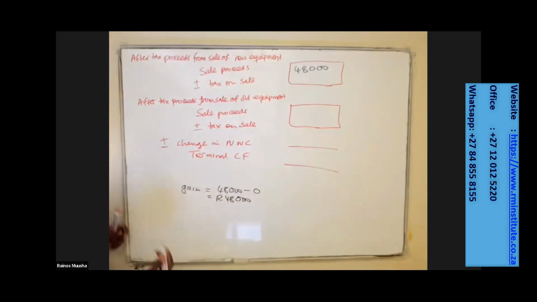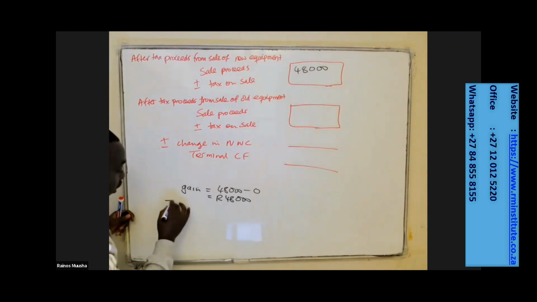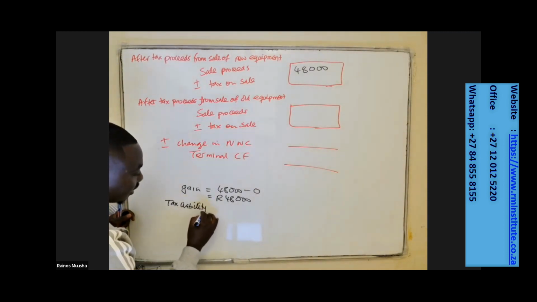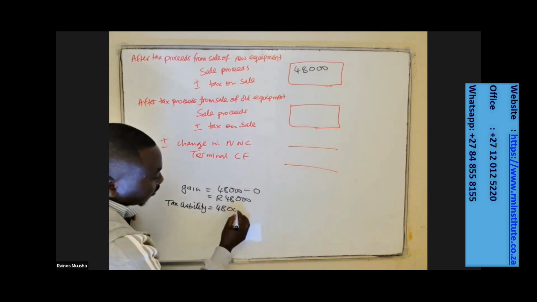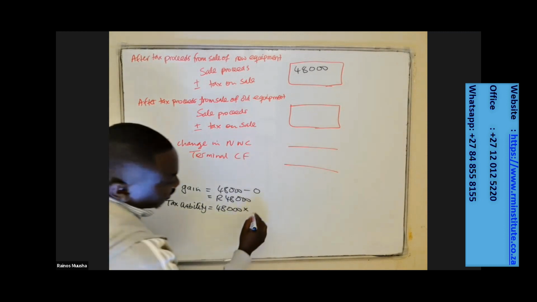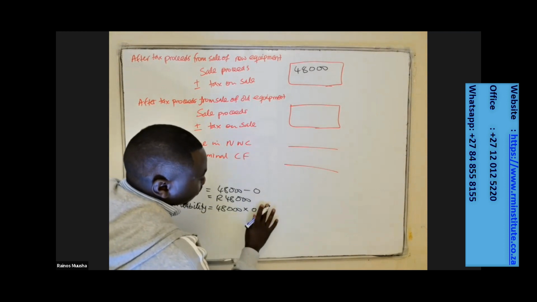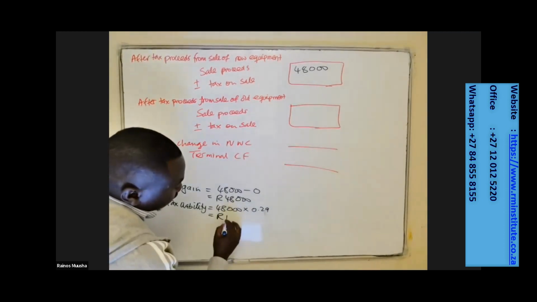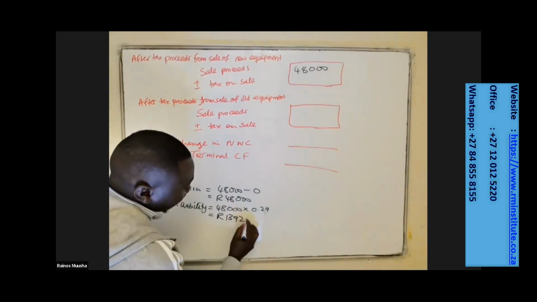So we're going to sell the new equipment at a gain of 48,000. And remember, whenever you make a gain, SARS is going to tax you on that as well, so you're going to accrue a tax liability. In this case, your tax liability is going to be 48,000 multiplied by the tax rate of 0.29, which is 29%. This will give you a tax liability of 13,920.